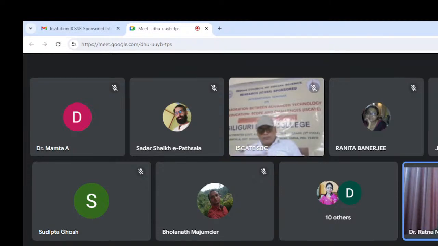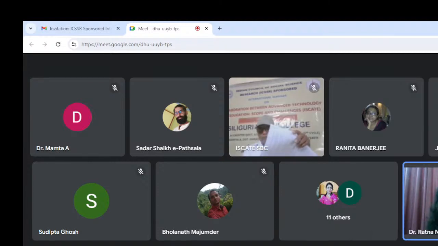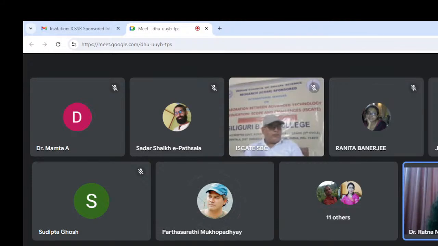He is presently an associate editor for the Journal of Information and Knowledge, one of the oldest LIS journals in India, initiated by S.R. Ranganathan, the father of library science in India. Besides this, Sir is known to us in our library and information science field as the Sachin Tendulkar of technology. Sir, I am taking this opportunity to greet you and to express my sincere gratitude to you. Sir, please.